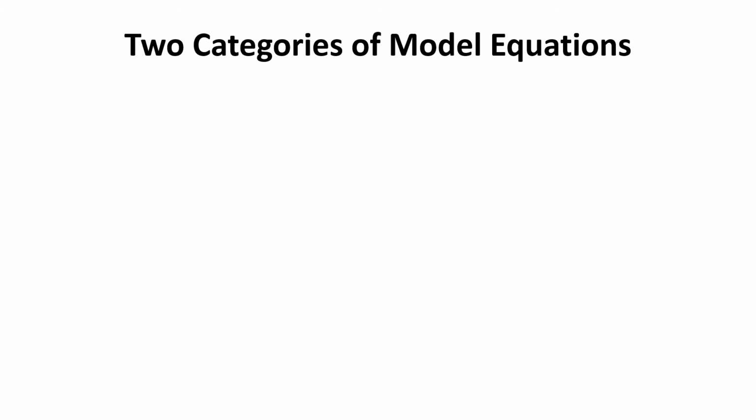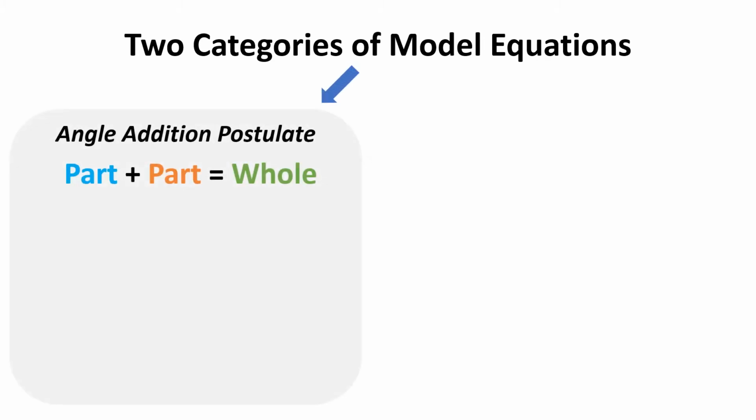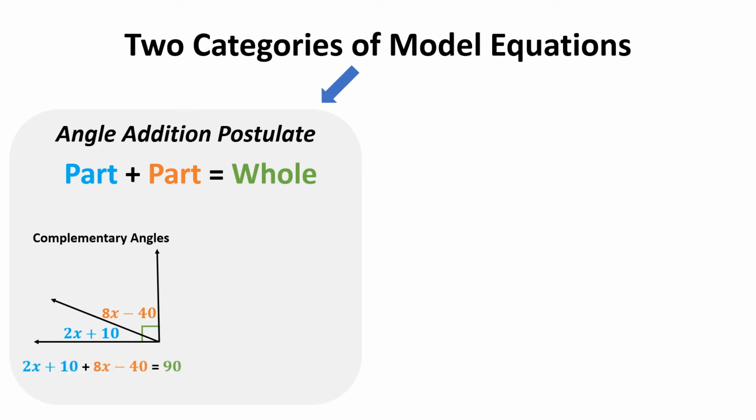We have two main categories of model equations. The first we talked about in the previous slide, where we have the angle addition postulate, part plus part equals whole. This comes up in complementary angles, or when two angles add to 90 degrees. But we also have supplementary angles. In this case, we have a linear pair because these angles are adjacent and form a line, and these two angles add to 180 degrees.